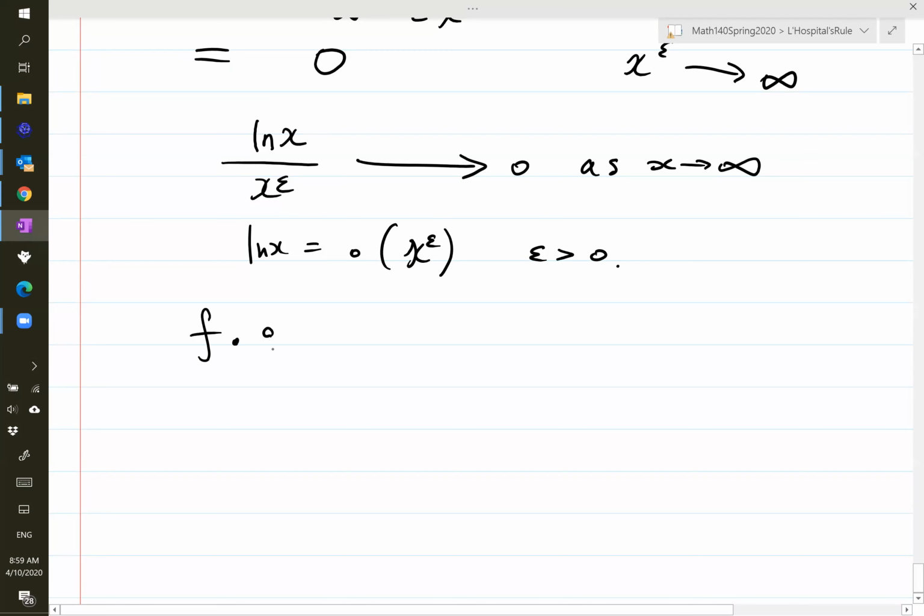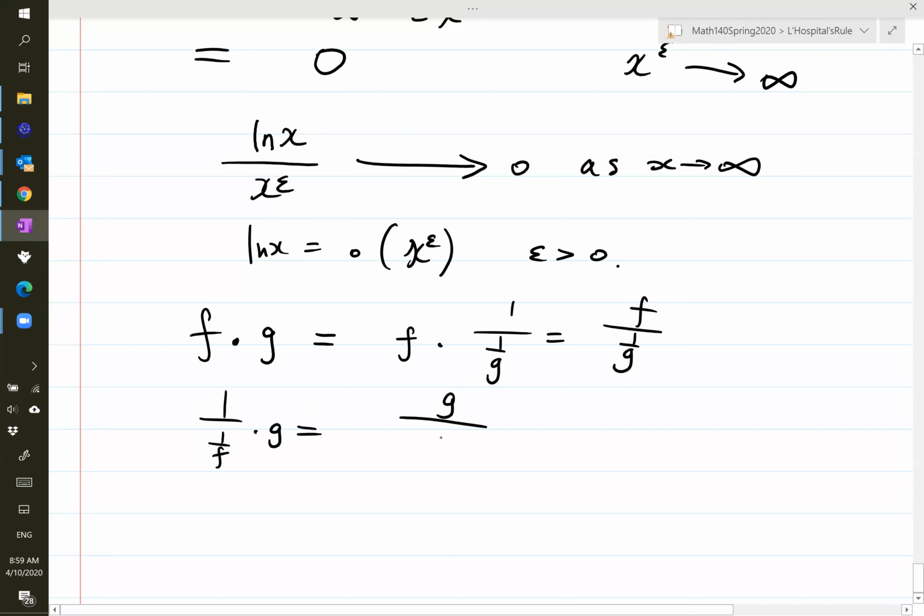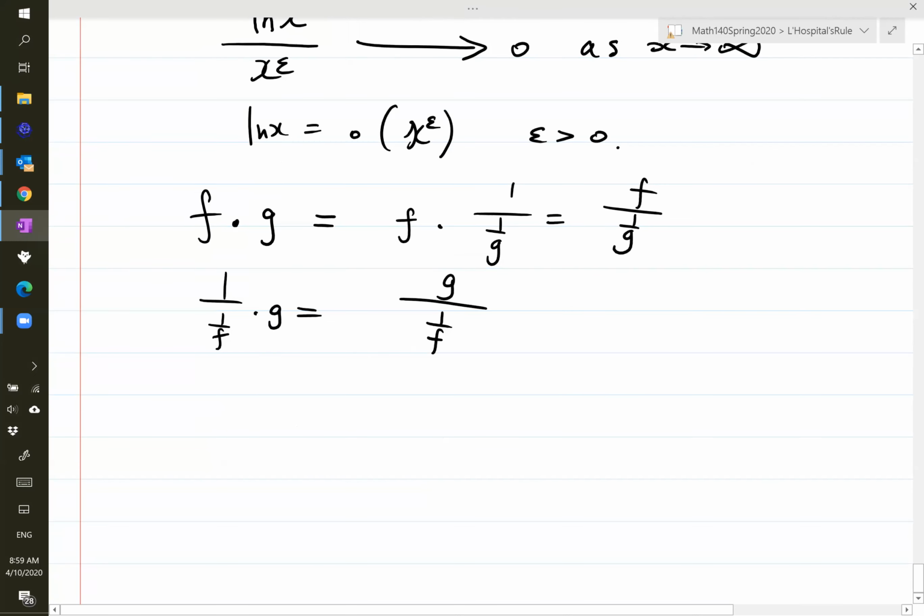If you have a product f times g, you can write it as f over 1 over g, or you can flip f and write g over 1 over f, such that you get a quotient.